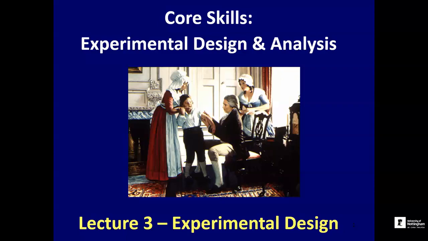So to test this hypothesis, he took some material from an infected wound and injected it into a child, and then gave the child smallpox to see what would happen, which has a number of ethical problems. It also has some technical experimental design problems, which you might be able to reflect on once I've given you this lecture.